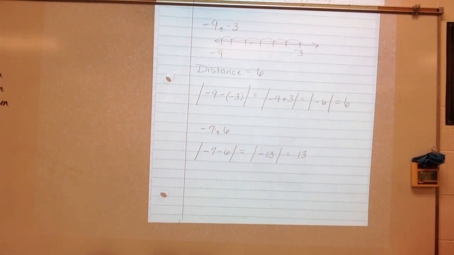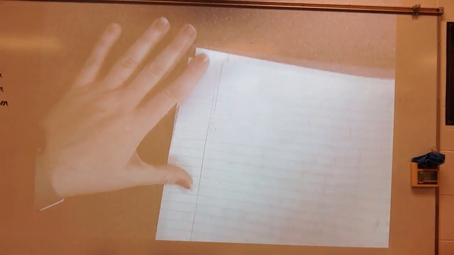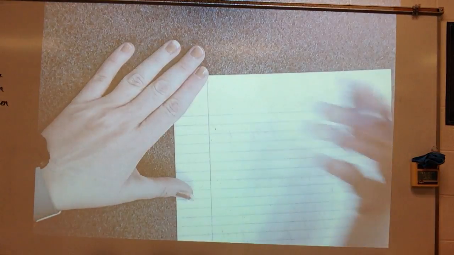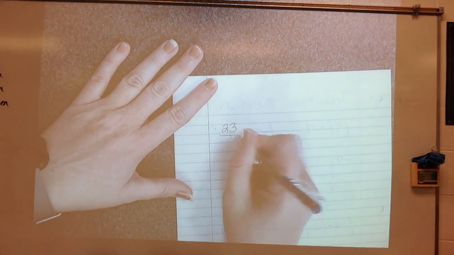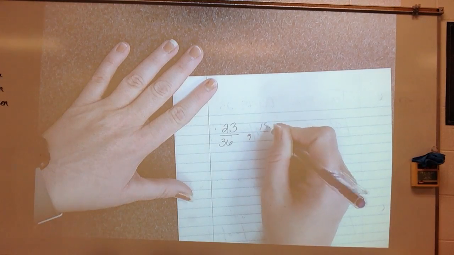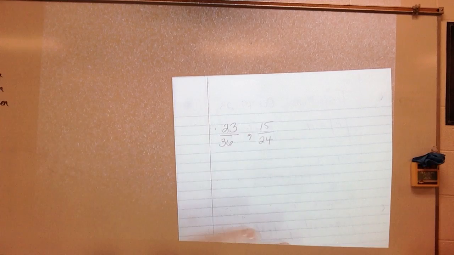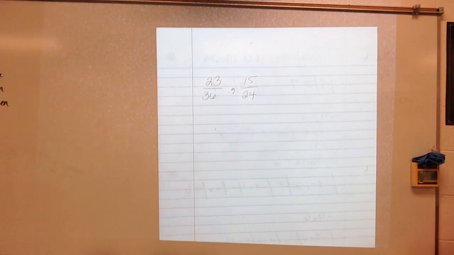You should be able to order real numbers on a number line, whether these numbers are expressed as fractions, decimals, or mixed numbers. The next thing we're going to talk about is how to show two fractions can be compared without changing them to decimals, because I don't want to spend the time changing these fractions to decimals. So how do I figure out which is bigger, 23 over 36 or 15 over 24? Well, I can find a common denominator.